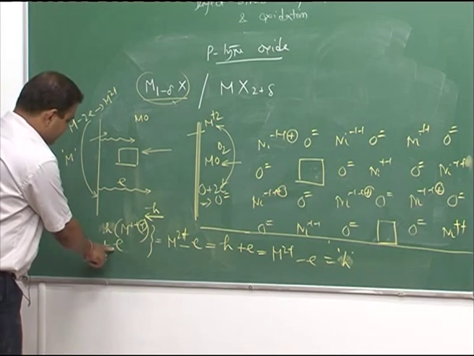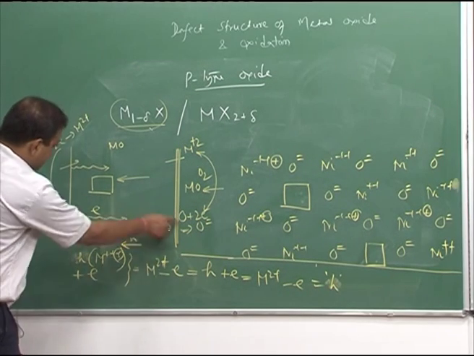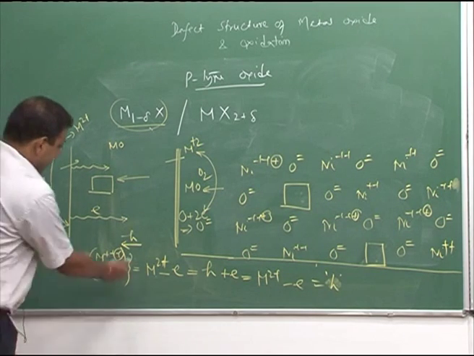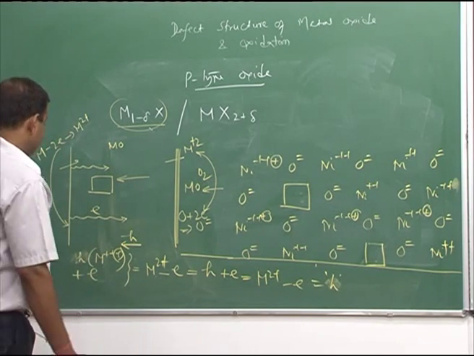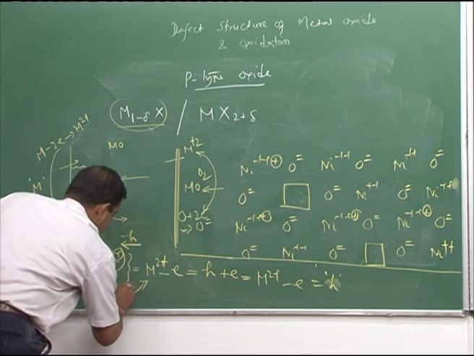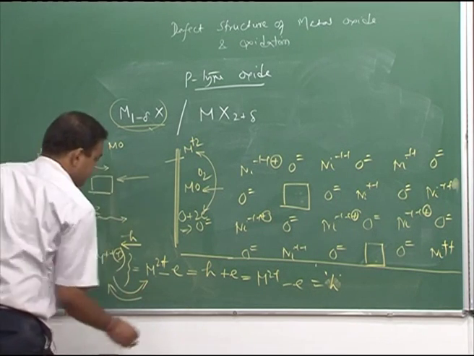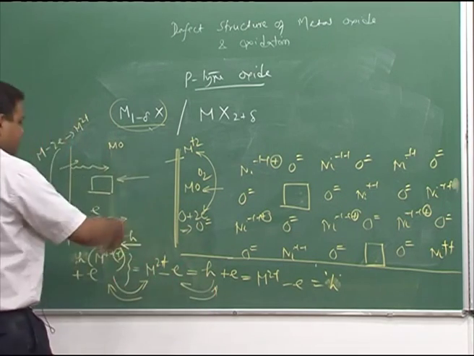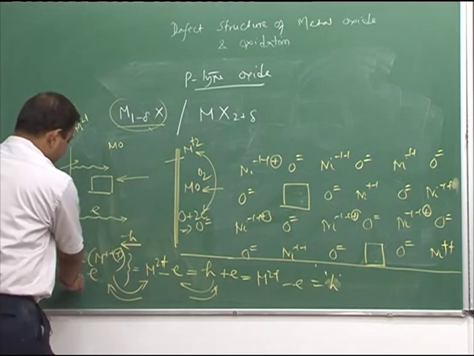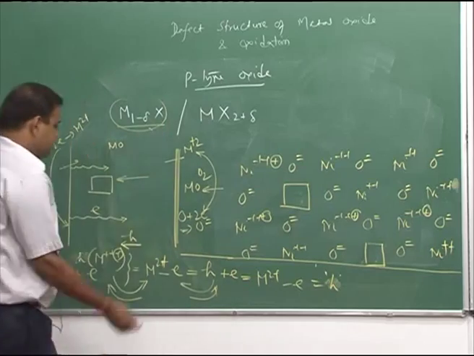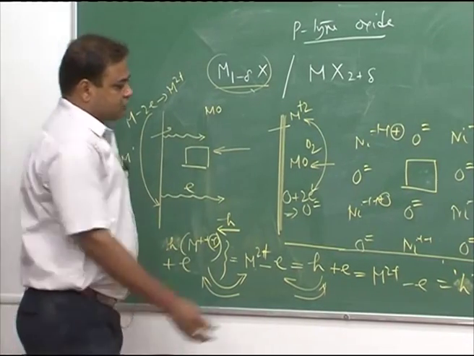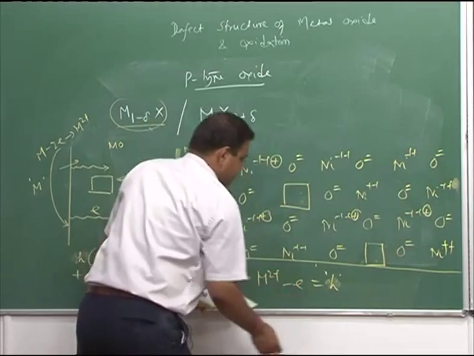So, we see that the electron is moving from this end to the other end due to the interaction with the hole, and the reaction nature is like this. There would always be an exchange like this. So, due to this exchange, the electron is moving from this end to the other end, and finally we have the electron reaching there.